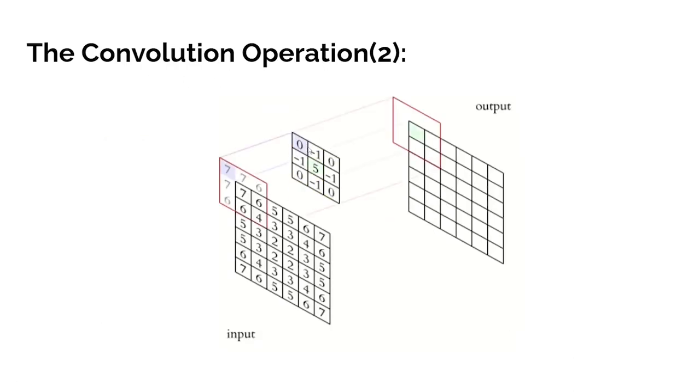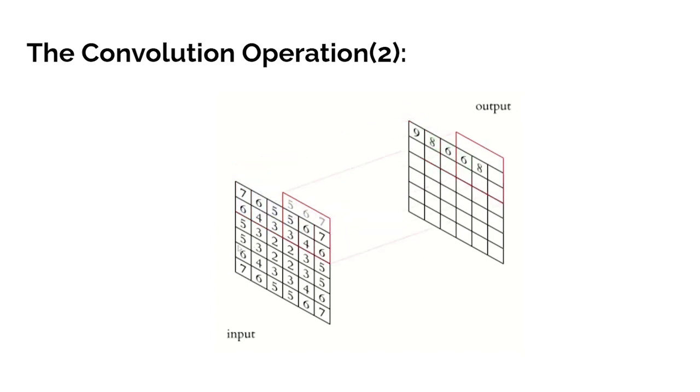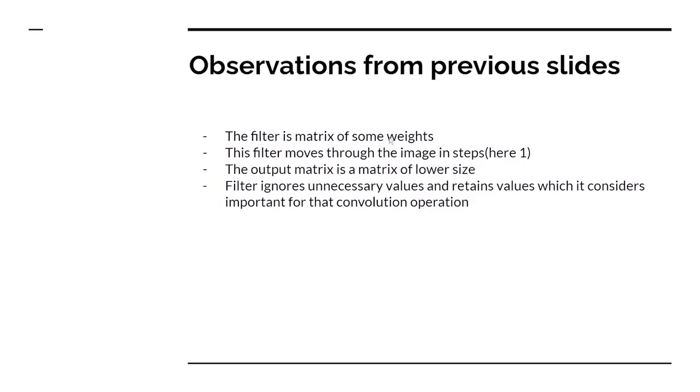As you can see, the filter is multiplied with the pixel values one by one, and the output we get is in the output image, or the convoluted image. This operation happens through all the pixel values of the image. The filter goes through all the values, and this fills up the output matrix.